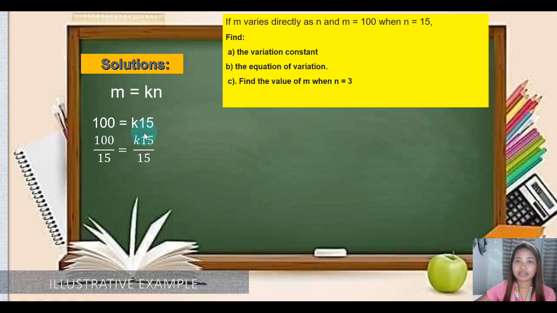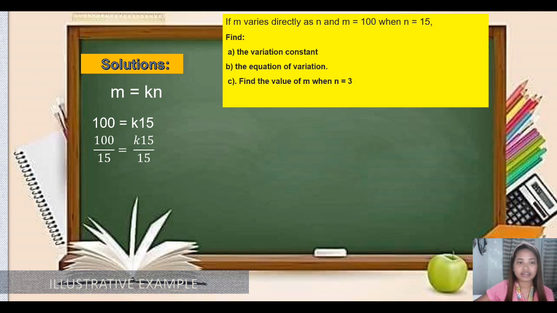Then divide both sides by 15 in order to cancel out this 15. So therefore, 100 over 15. Since this is not a whole number, all you have to do is find the factors that can divide both the numerator and denominator. So what is the number? We are going to divide it by 5.